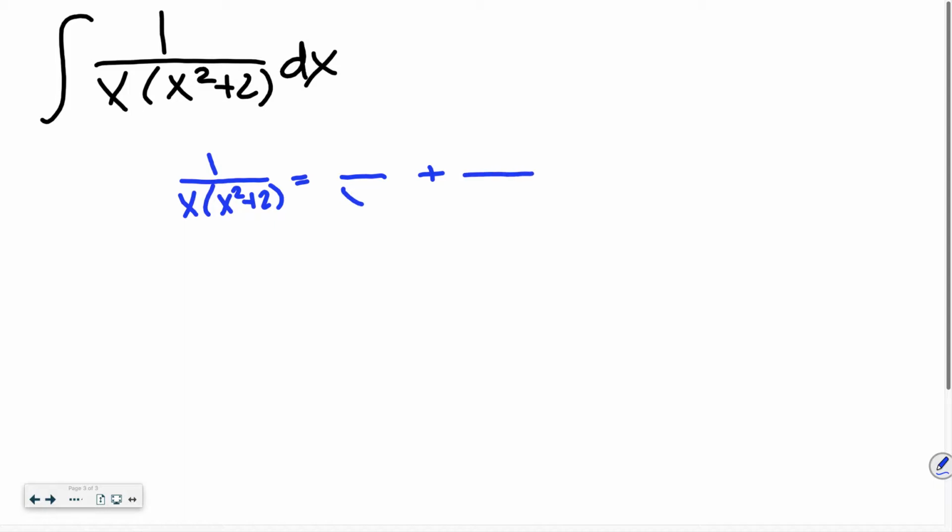Nobody uses imaginary. Okay, so we have 2 factors. I know that our denominator is cubic, but we only have 2 factors, so we're still going to break it up into 2 fractions. However, if we have a quadratic factor, as we do here, we need to have a linear numerator.